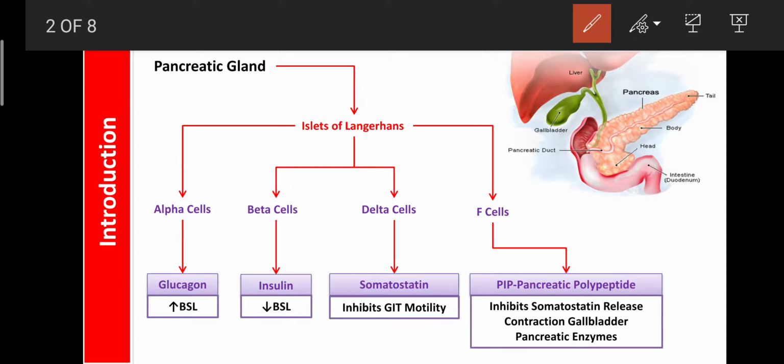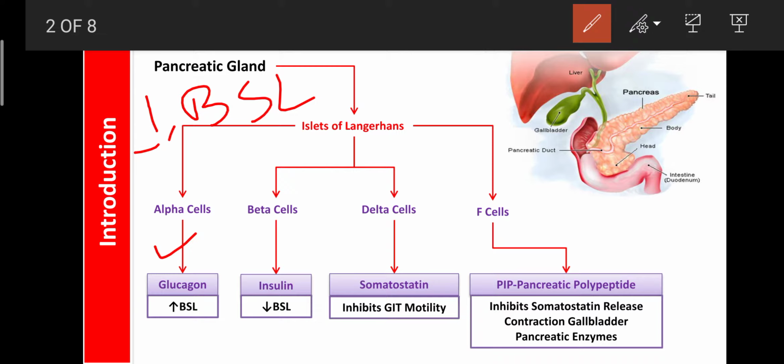Alpha cells mainly secrete one hormone, known as glucagon. When our blood sugar level is less than normal, sugar or carbohydrates are required to continuously supply ATP to the organs and tissues.